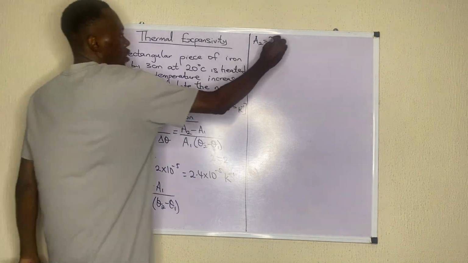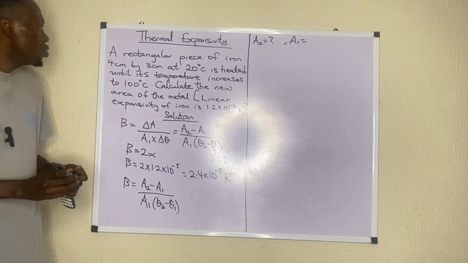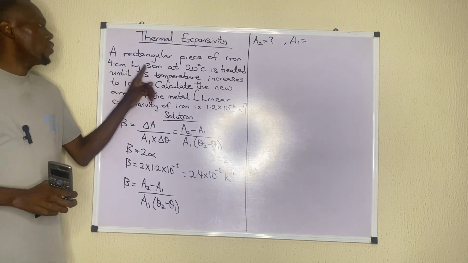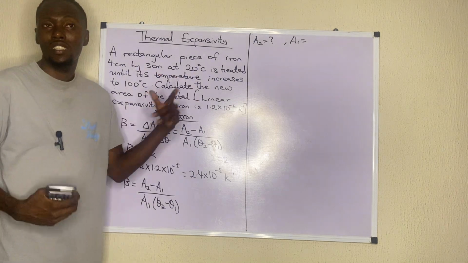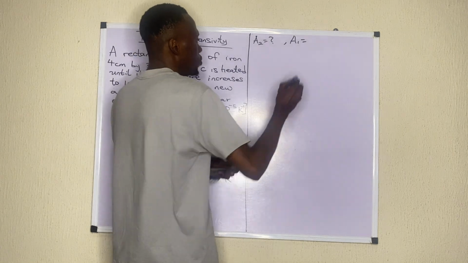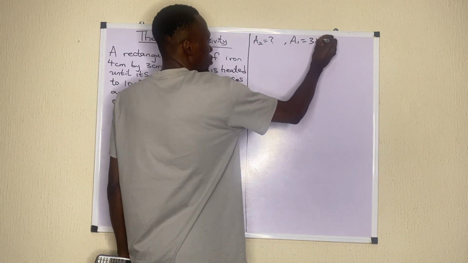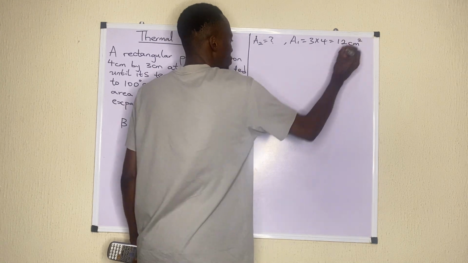What's the initial area, A1? It was not given, but you will notice that the length and the breadth of the iron were given. And what's the area of a rectangle? They told us that it's a rectangular piece. It's simply length times breadth. So the initial area will be equal to 3 times 4, which gives me 12 centimeters squared.